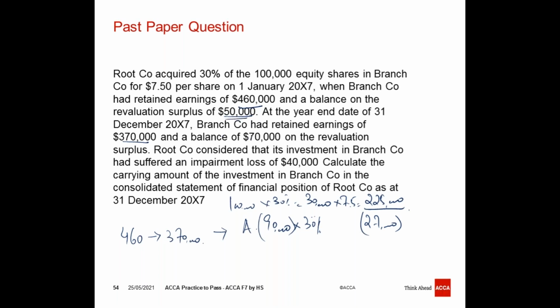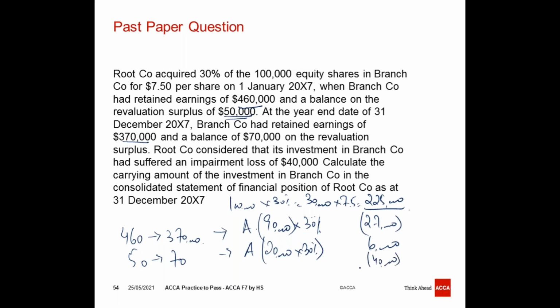And its revaluation surplus has grown from 50,000 to 70,000. There is a gain of 20,000 in associate into 30%. That will be 6,000. Company considered its investment in branch company had suffered impairment loss of 40,000.